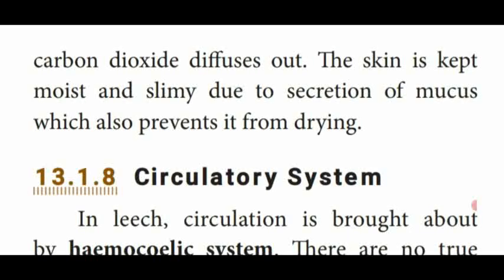With the help of this fluid only, they exchange oxygen and carbon dioxide by the diffusion process. Not only that, the body surface of the leech is always kept moist and slimy due to the secretion of mucus substances, and it also prevents the body from drying. So this is said to be the respiratory system of leech.